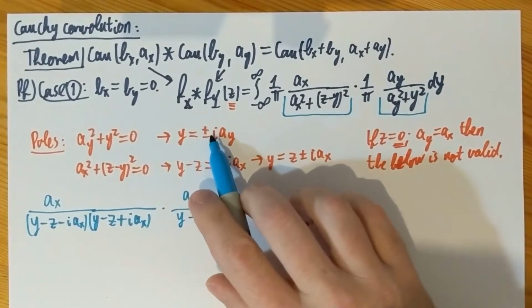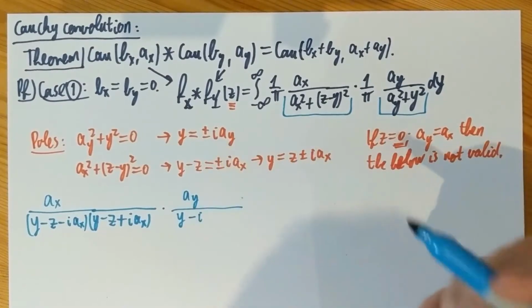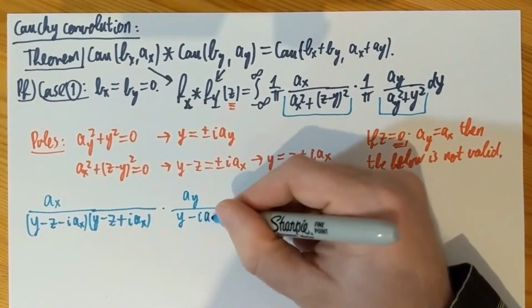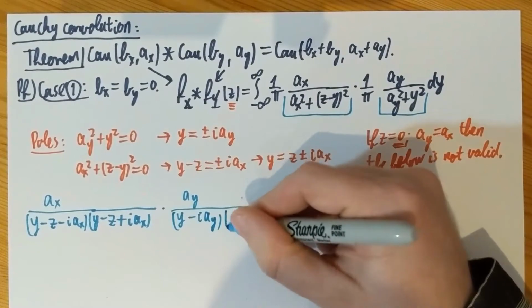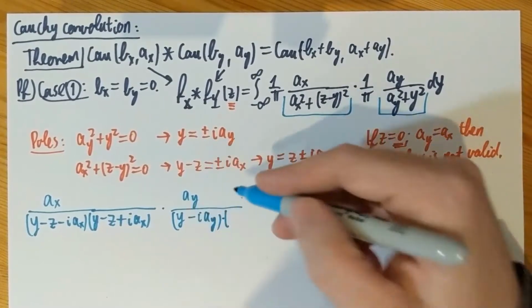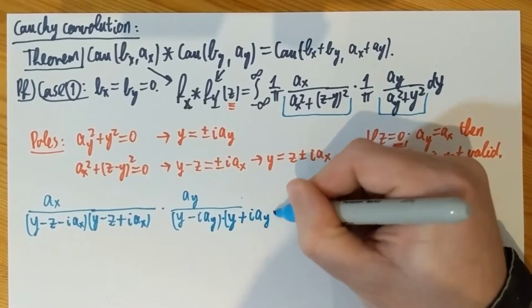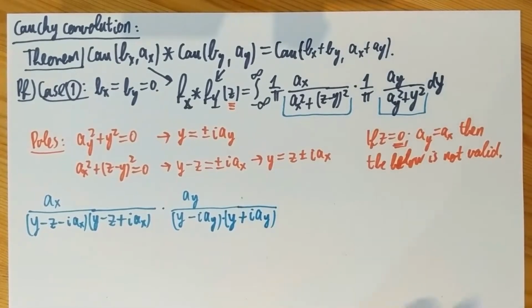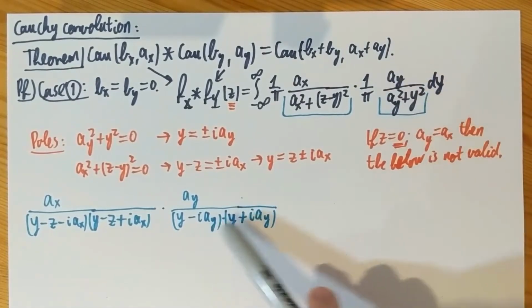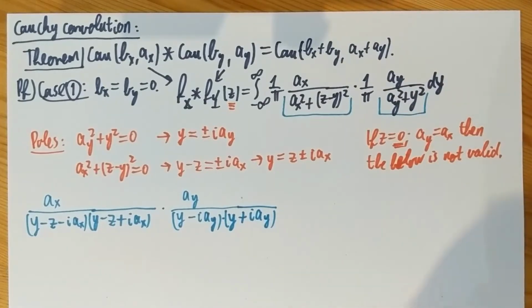So when I have the pole at IAY, then I subtract that and get this term. When I have the pole at negative IAY, I again subtract that, but this becomes a plus. So I have that term. So this denominator can be written as that product. If you don't believe it, just multiply it together and you'll see.